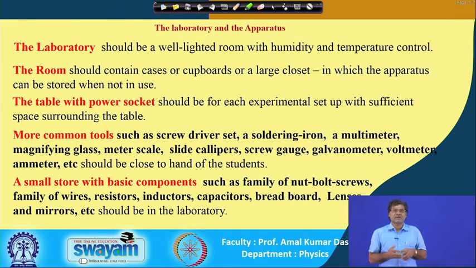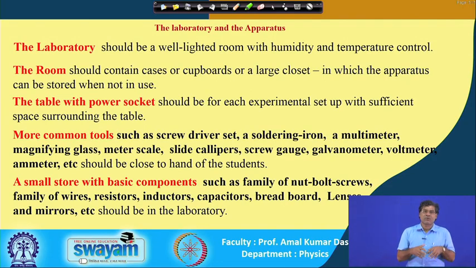There should not be wastage of time. If you need one screw and it is not there, you cannot do what you want to do immediately. So, these are the basic components which should be available in the laboratory.